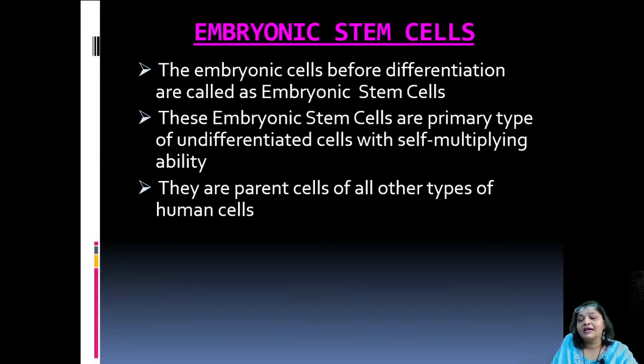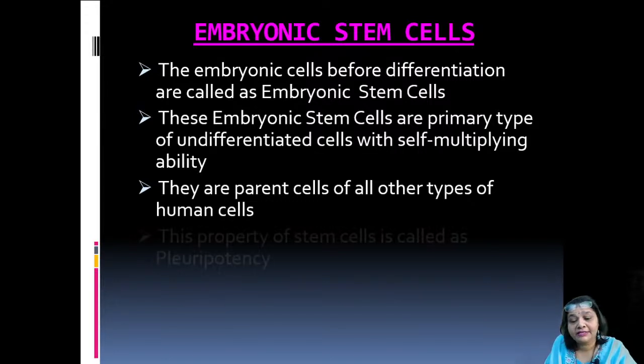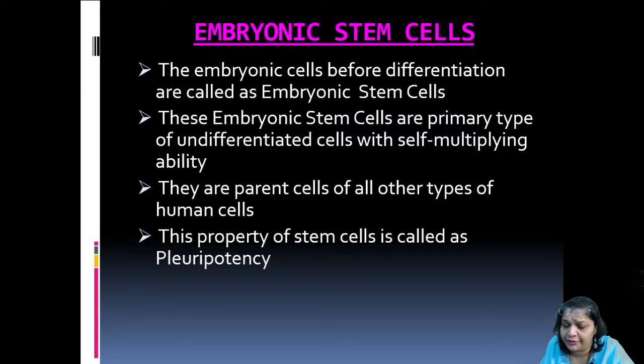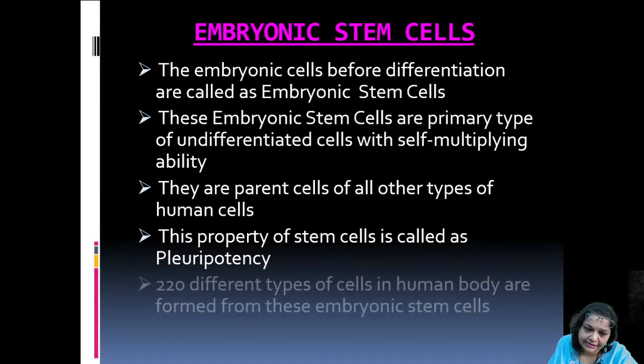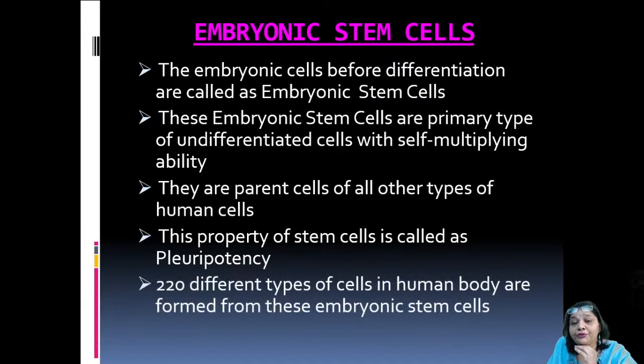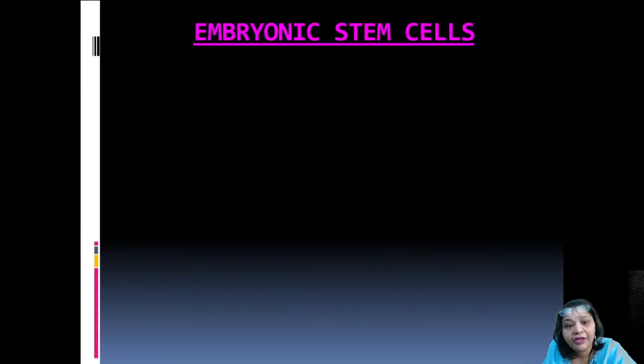These cells are considered the parent cells of all the other types of human cells. This property of developing and differentiating into other types of cells is called the pluripotency, or the pluripotent property, of the stem cells. There are nearly 220 different types of cells in the human body that are formed from these embryonic stem cells.